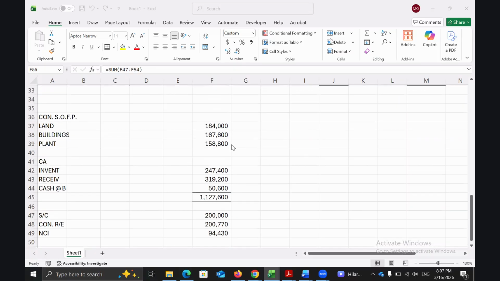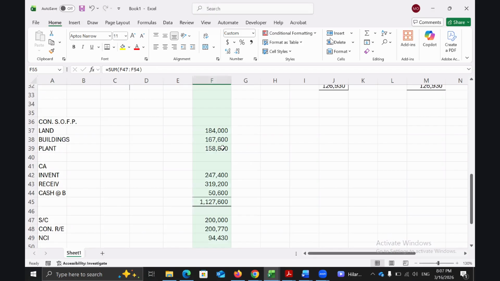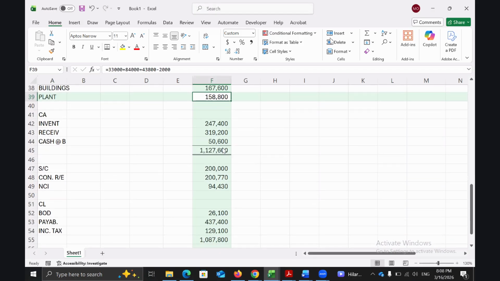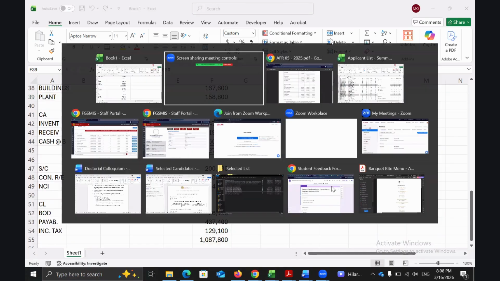Depreciation amount. Depreciation amount we took, I think. In this question, now I'm typing, I have done a mistake.